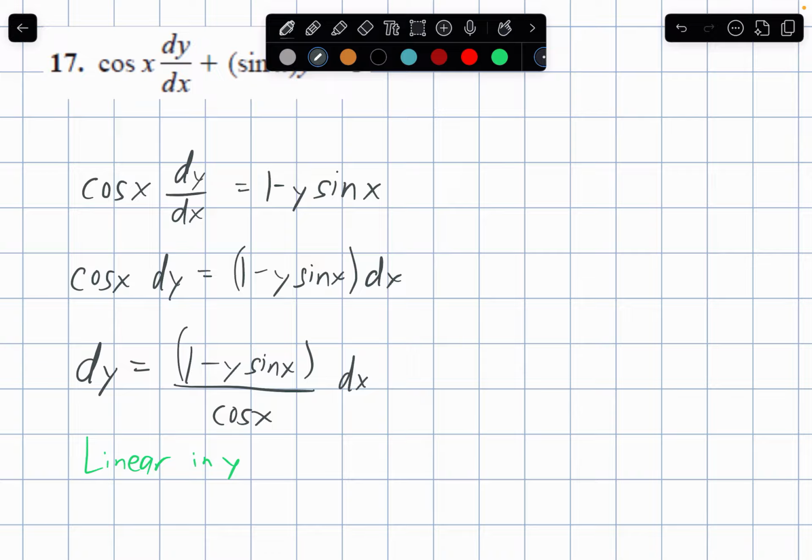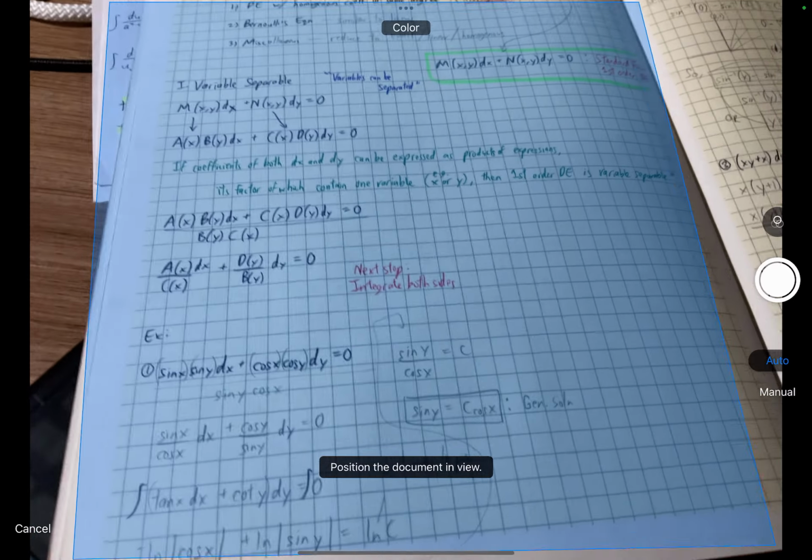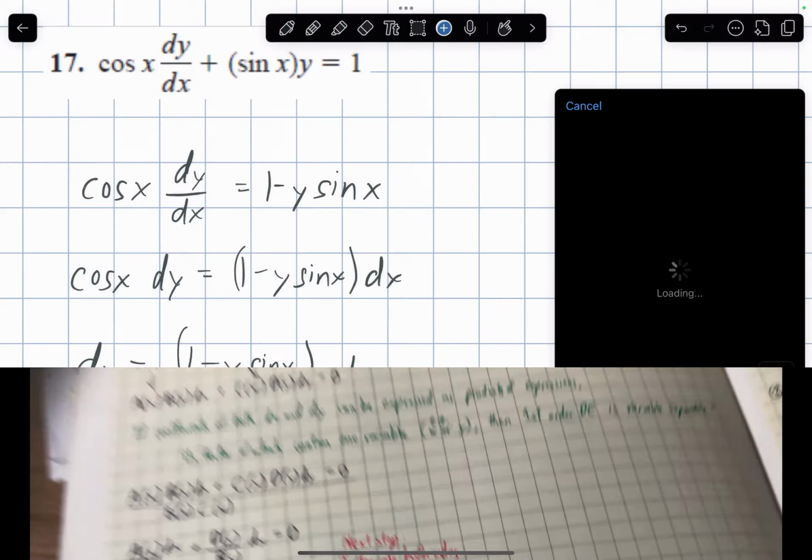Let's see if I've had examples of variable separable that has transcendental functions. Maybe that could give us a clue. Yes, actually. Ideally, I discuss variable separable in a different video, but just so you know what we're looking at right now.